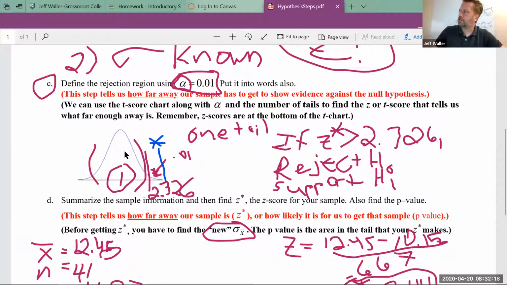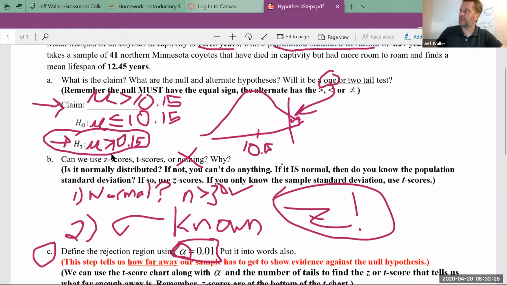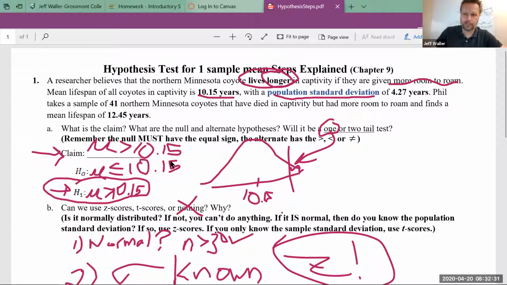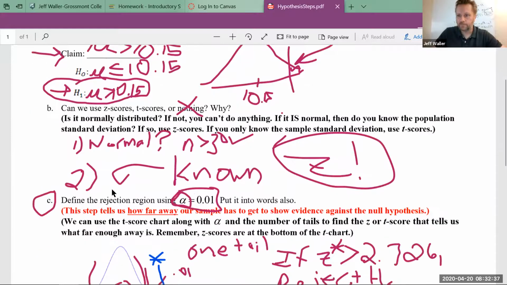So of course, if I don't get in here, if I get out here, I can reject what the null said. That's evidence that the null is wrong, which means if I could say one little old dude in the coffee shop is wrong, I could say it looks like there's evidence that the other guy is right.